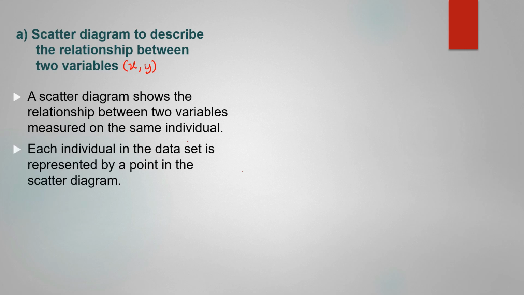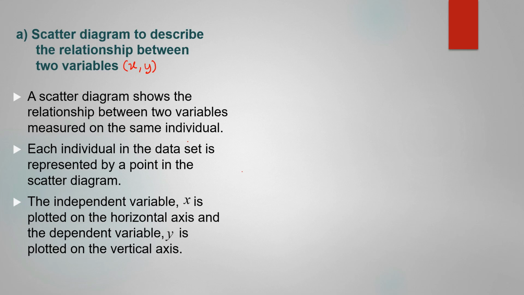Secondly, each individual in the dataset is represented by a point in the scatter diagram. Thirdly, the independent variable x is plotted on the horizontal axis and the dependent variable y is plotted on the vertical axis.